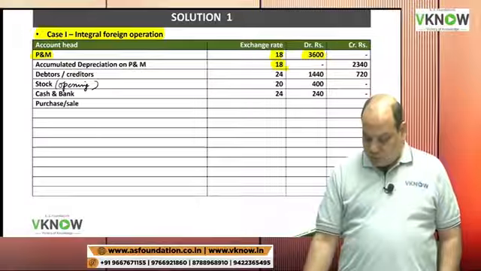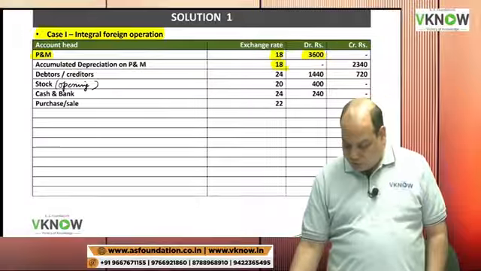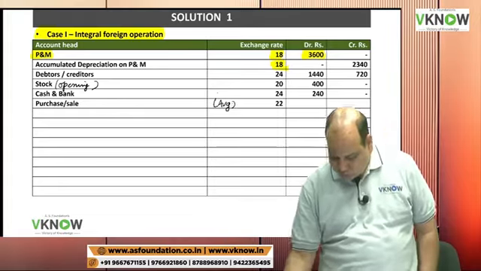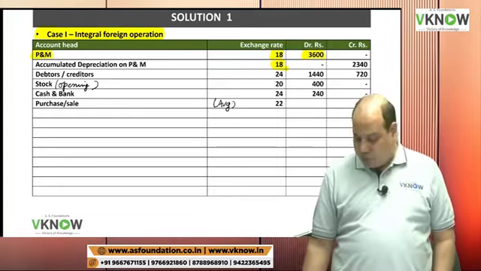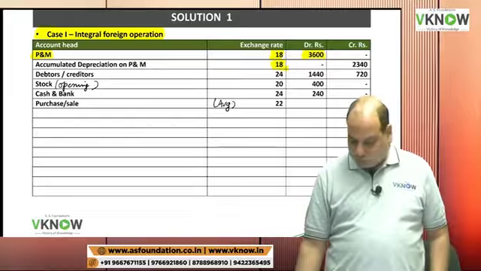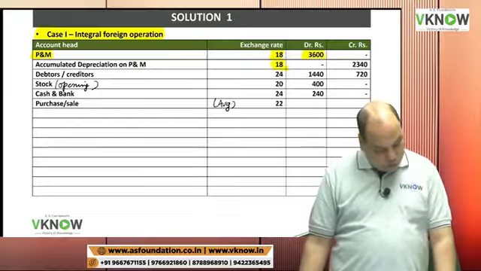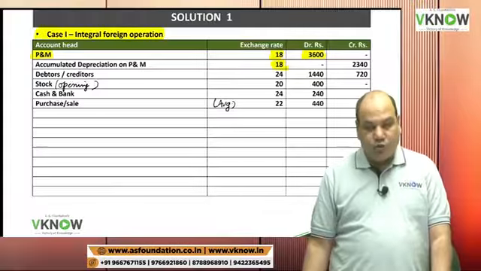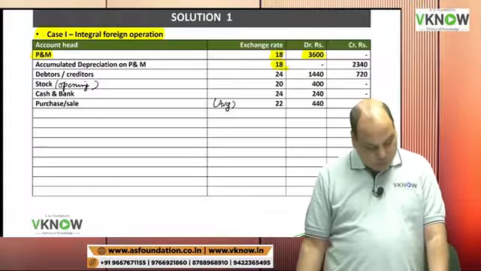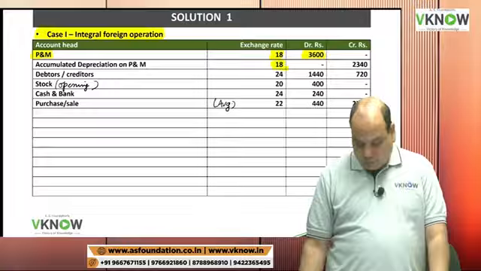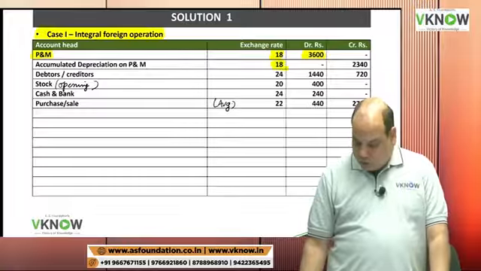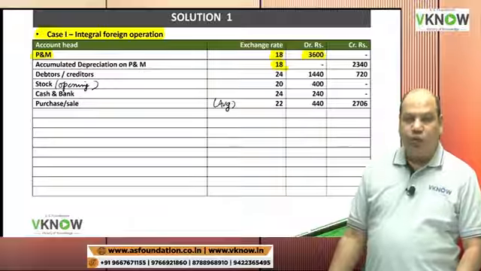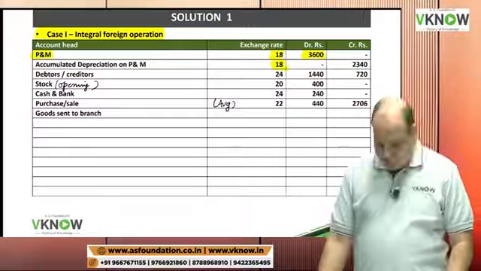Then purchase and sale at the average rate. Purchase and sale average rate 22. 22 into purchase, which is 20, 22 into 20, 440. Sale is 123, so 123 into 22, 2706.